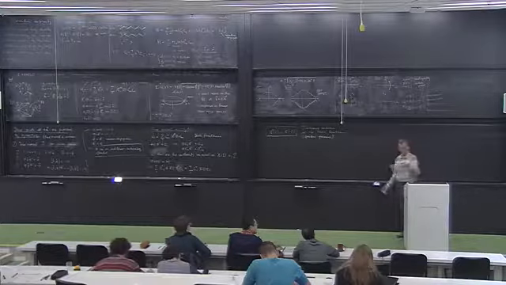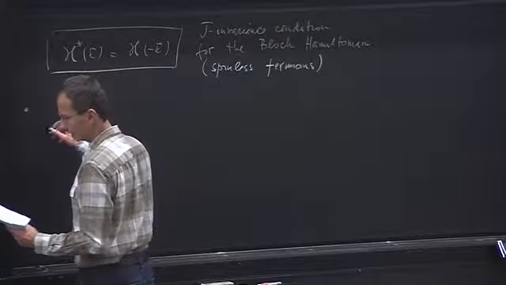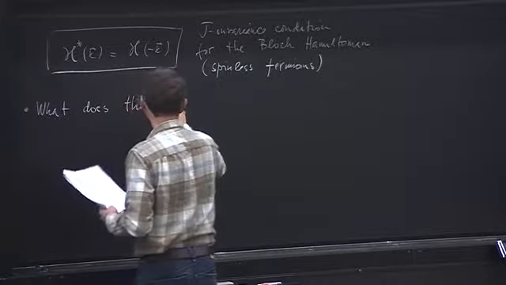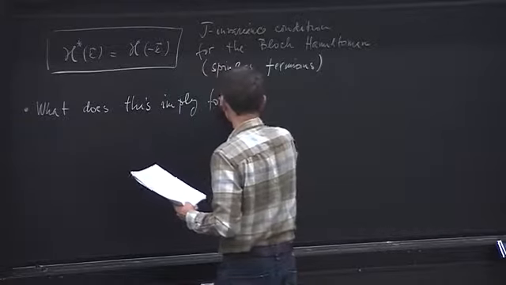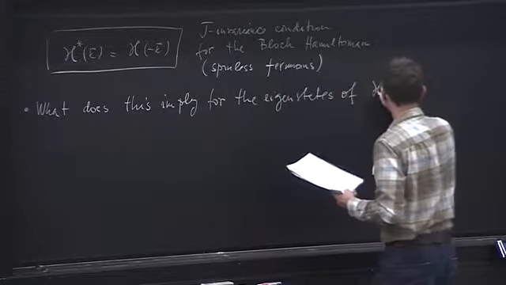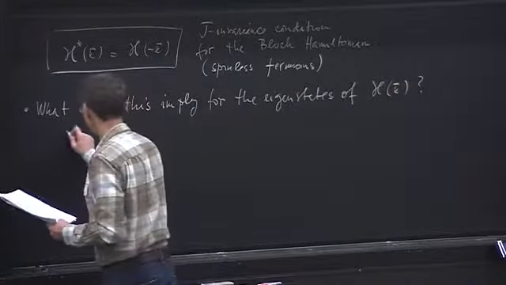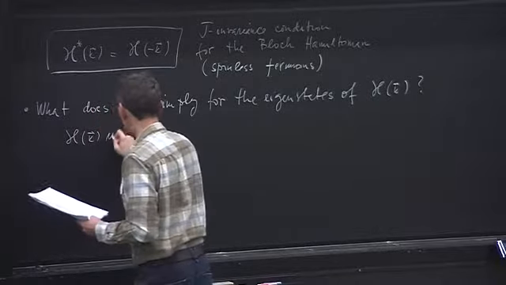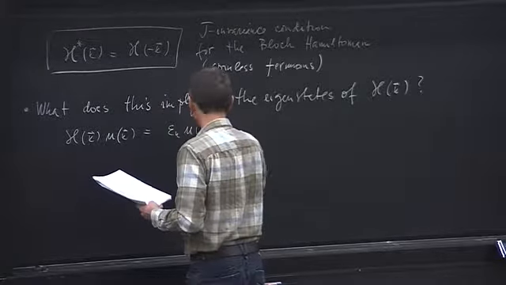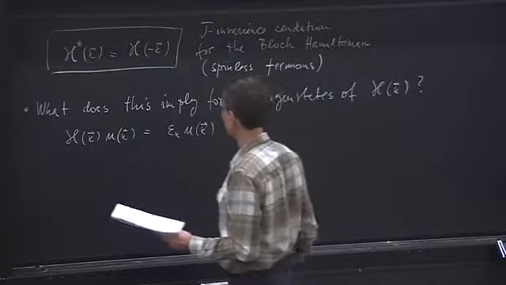Okay, so let me make one last point, and let's see what this implies for the eigenstates of the Bloch Hamiltonian. So I write the Schrödinger equation for the Bloch Hamiltonian. Looks like this. And I do the usual manipulation.